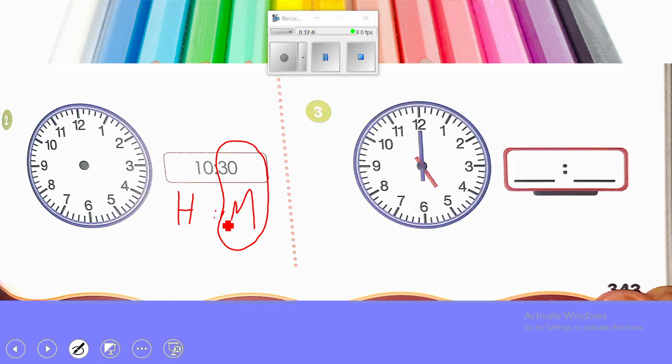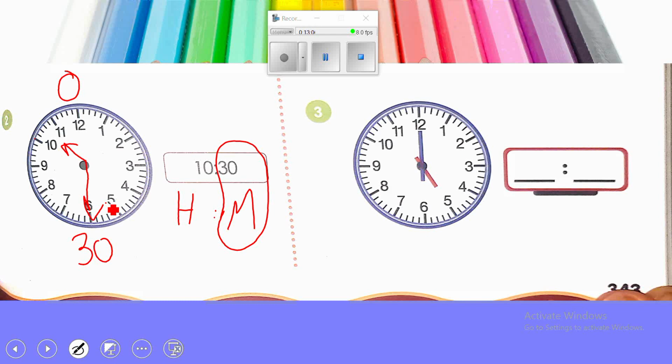It should be between 10 and 11. So before, I remember up is 0, down is 30. So where is 30? Perfect, it's down. Where is 10? Did I write it exactly here? No, it should be in between. You have to draw it shorter than this one because this is the hour.